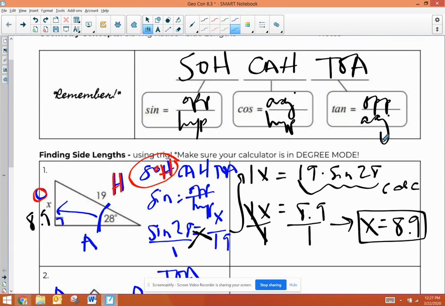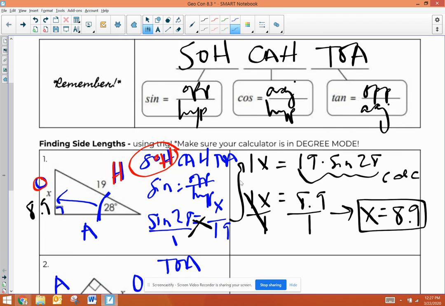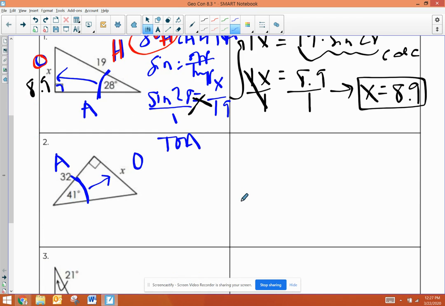Opposite and adjacent. Yep, that's tangent. So the tangent is opposite over adjacent. So the tan of 41 equals the opposite side, that's x, over the adjacent side, which is 32.